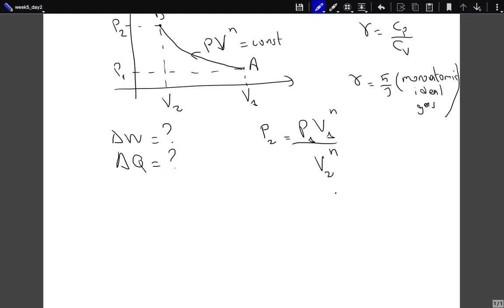What do you mean by equation of the curve? Let me ask that question. Yeah, that is my equation already. And in terms of the known values, I know P1, I know V1. Do I know P1?